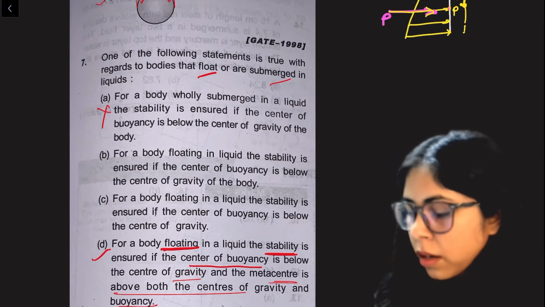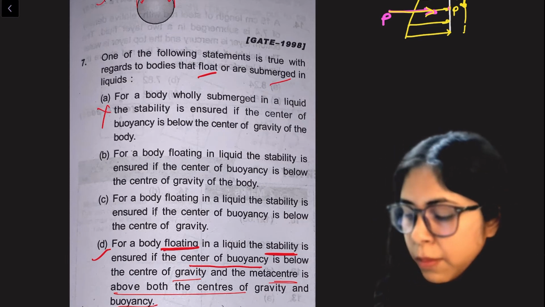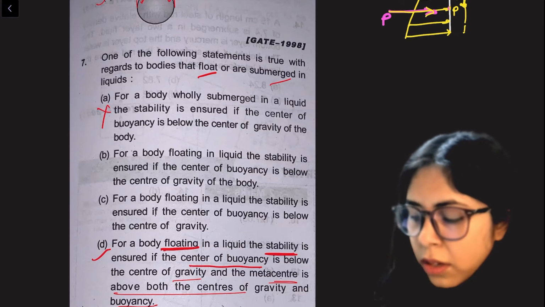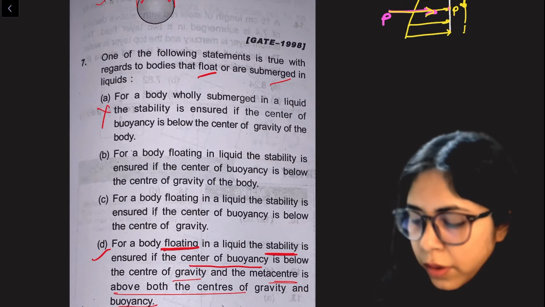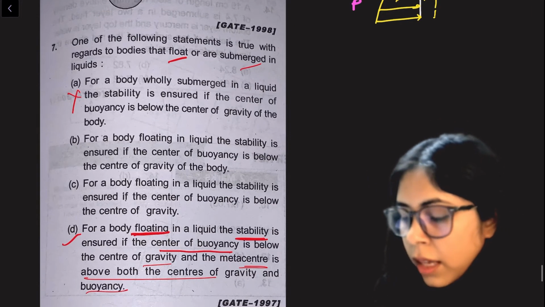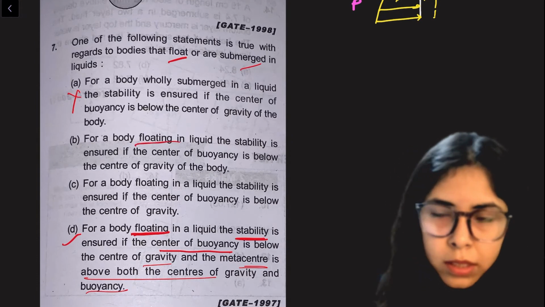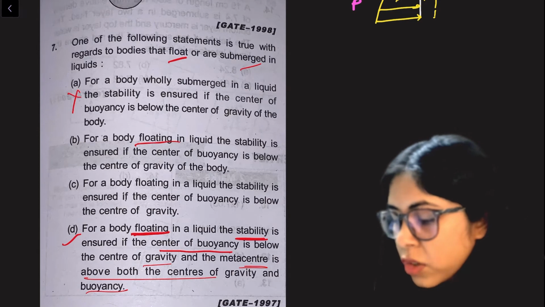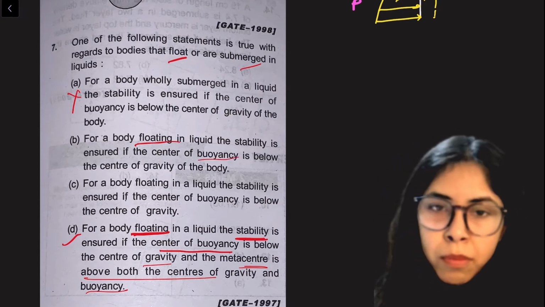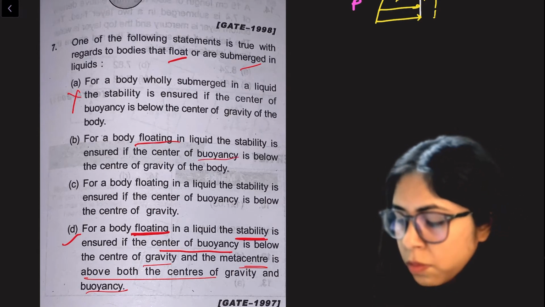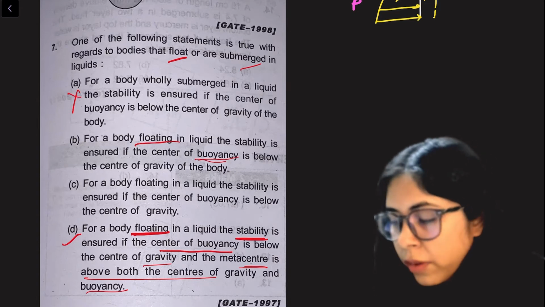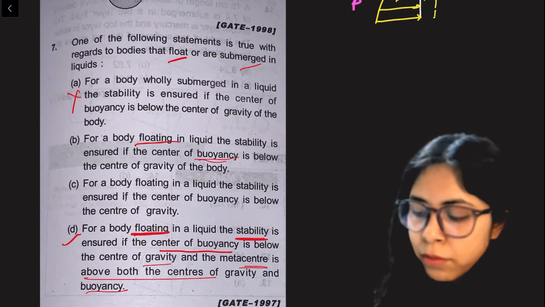B: a body floating in a liquid, the stability is ensured if the center of buoyancy is below the center of gravity of the body. Now they are asking about floating bodies, and they just gave the condition of buoyancy, not the condition of the metacenter. The center of buoyancy being below the center of gravity is always the case in a floating body.